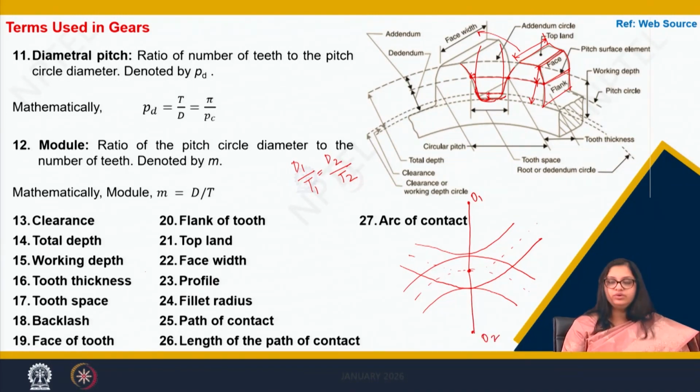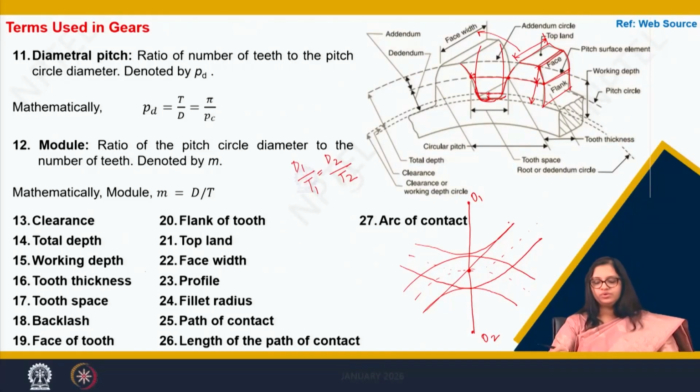Now from where do they start meshing? Let us see for this circle. First of all, let us draw a tangent to the base circle. We understand that on this tangent only the length of the path of contact would start.